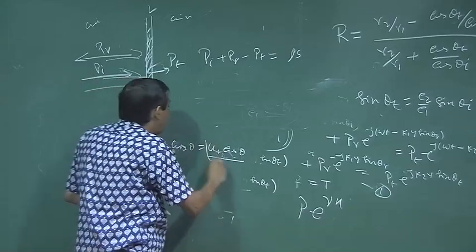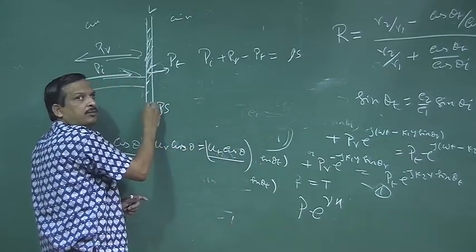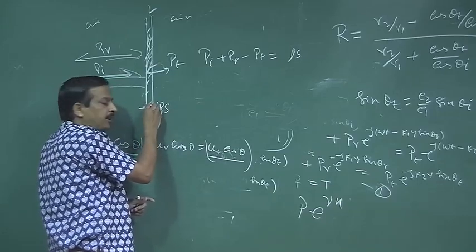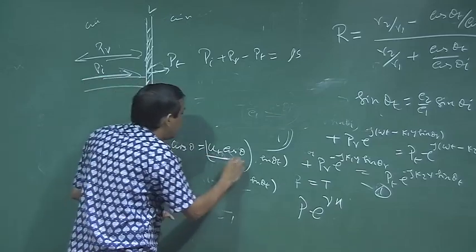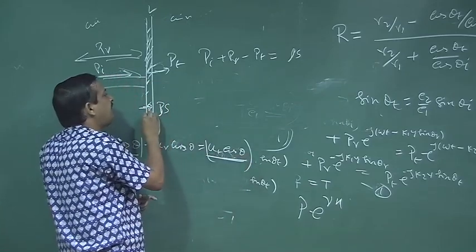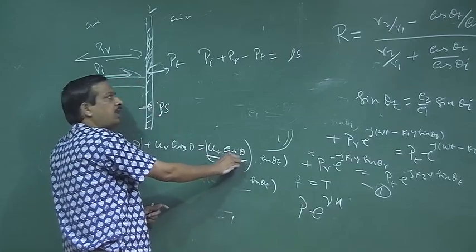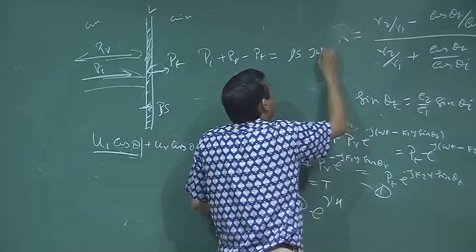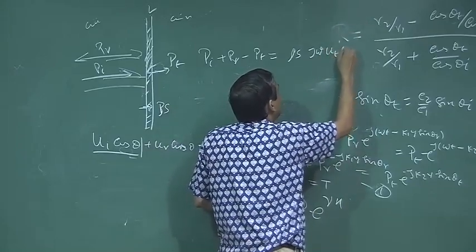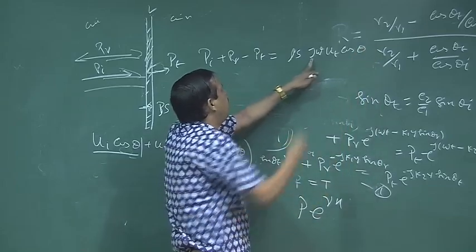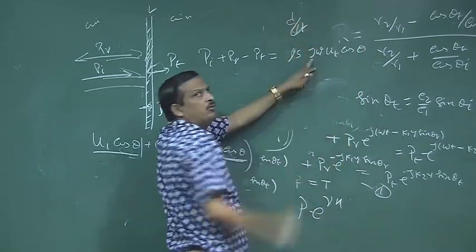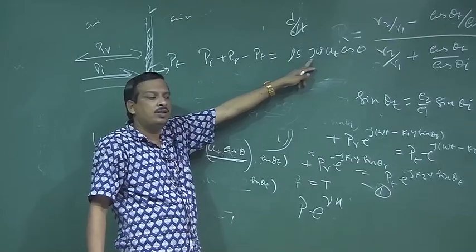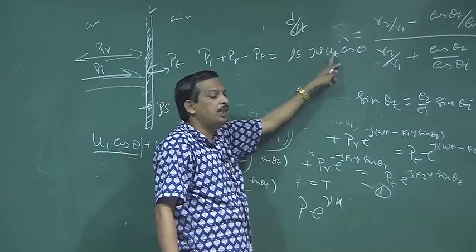If the particle velocity inside this thin layer is ut cos theta, then the acceleration is the derivative of the velocity. The derivative d by dt is j omega, as we said in the first lecture, so the acceleration is j omega ut cos theta.